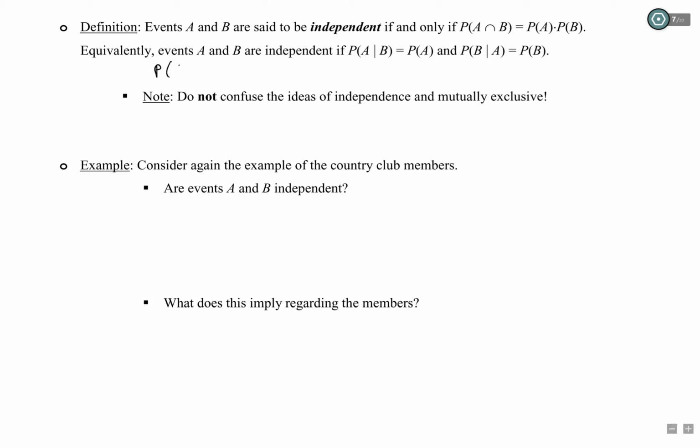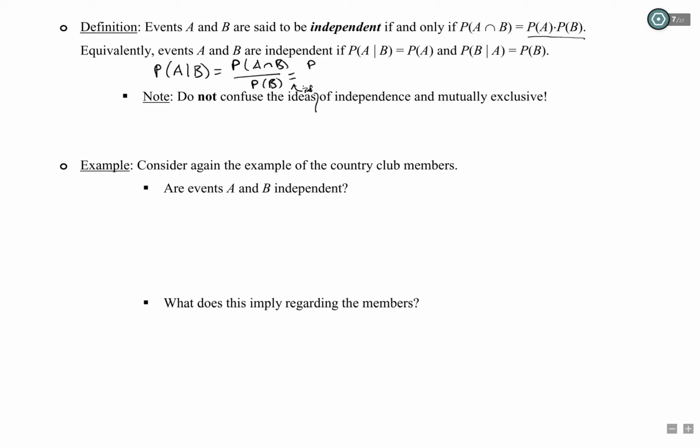Remember the conditional probability rule. Probability of A given B is always equal to the probability of A intersect B divided by P of B. Now, the definition of independence says that the intersection probability is P of A times P of B. Okay?